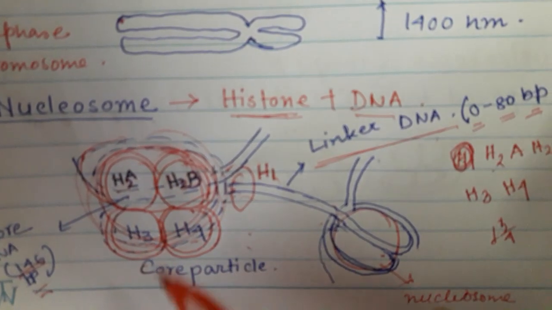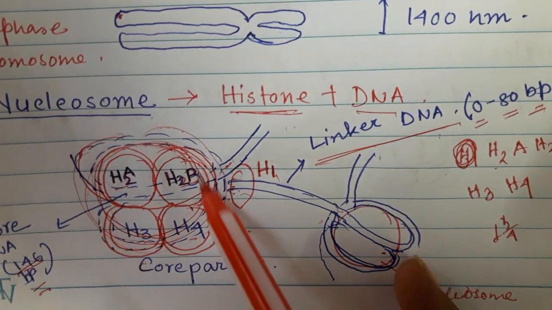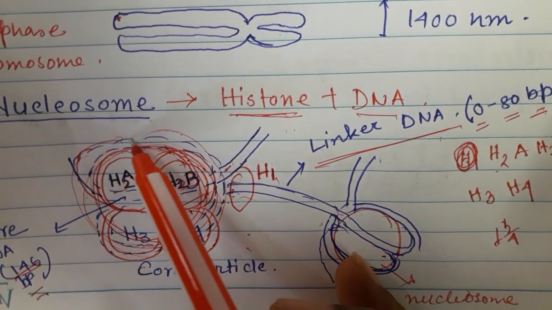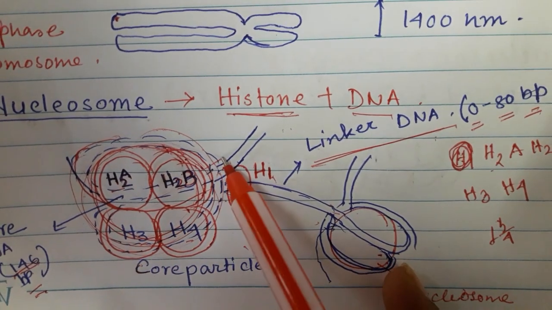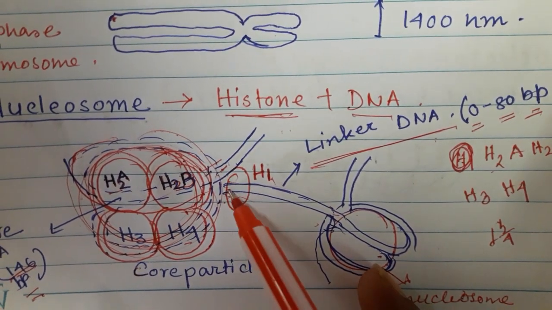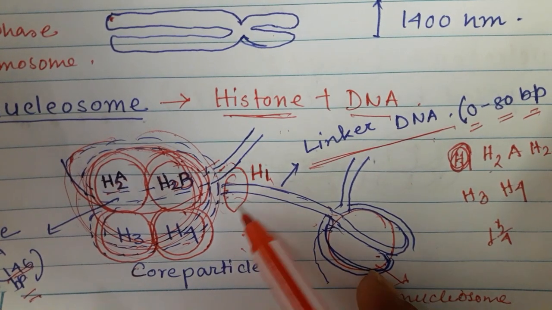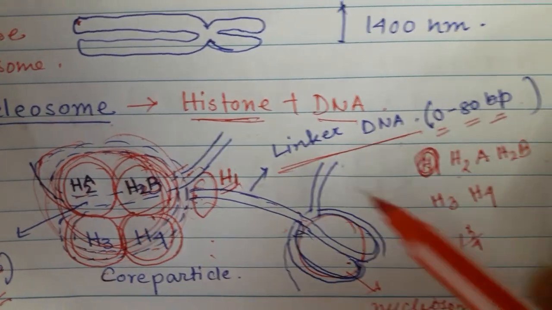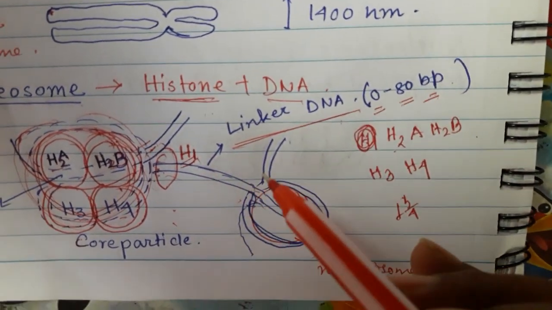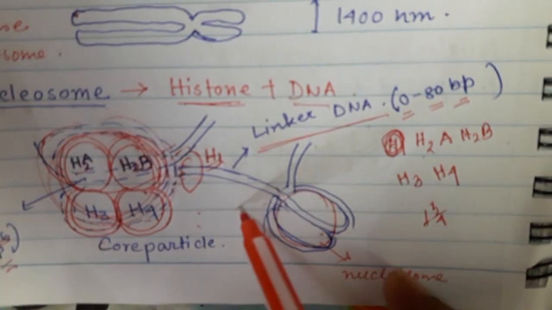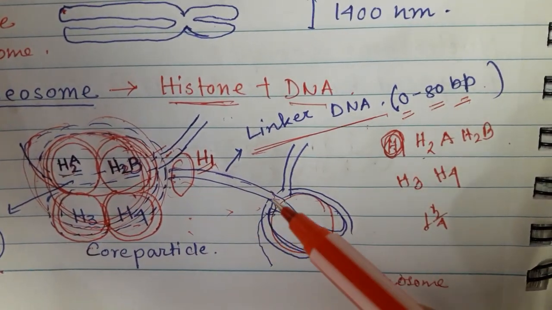Like that, the core particle, that is the histone protein particle, is wrapped by this core DNA. The end of this thread is held by this H1 protein. This is the main structure of the nucleosome, as described by Oudet.